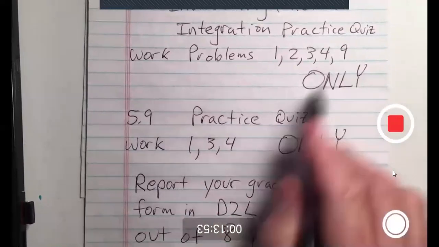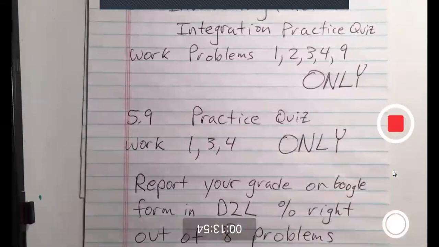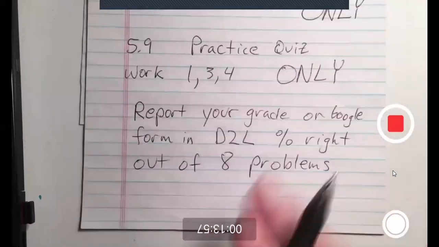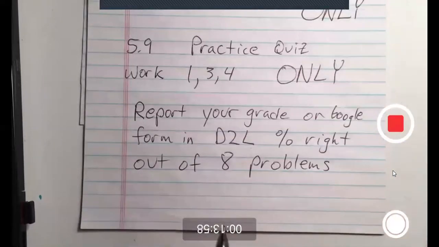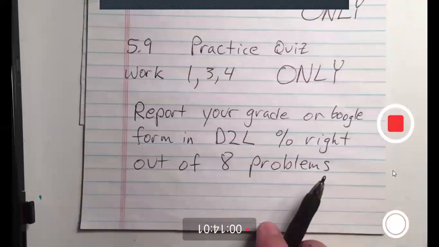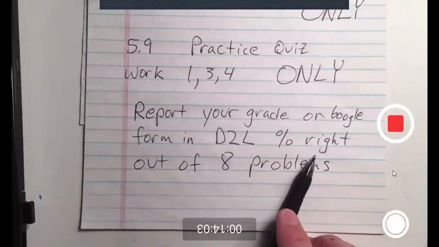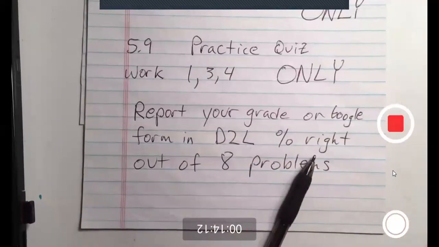If you eventually get all 8 right, 8 out of 8 is 100%. If you don't get something right and want to redo it, feel free. But the Google form will be in D2L. You can report your grade there.